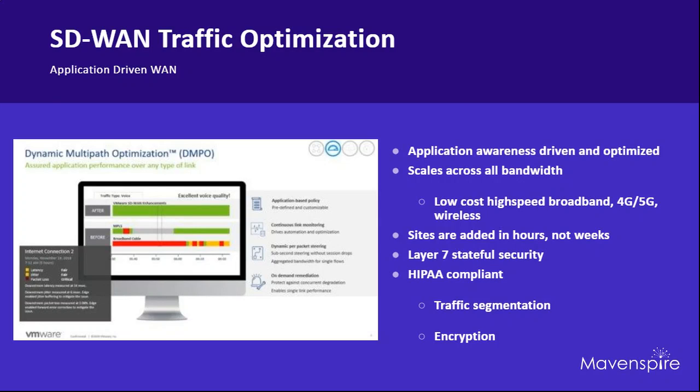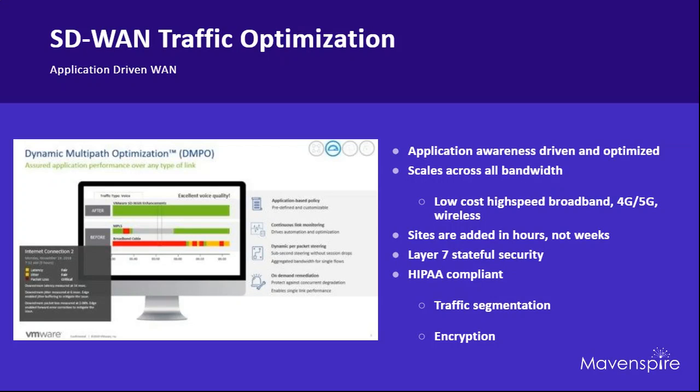SD-WAN allows you to bring whatever bandwidth is available. When I say whatever bandwidth, I mean you can even connect 4G and 5G LTE services. You can bundle that with maybe an existing link that you have. So you're able to take whatever bandwidth you can bring, aggregate it, bundle it, and present it.